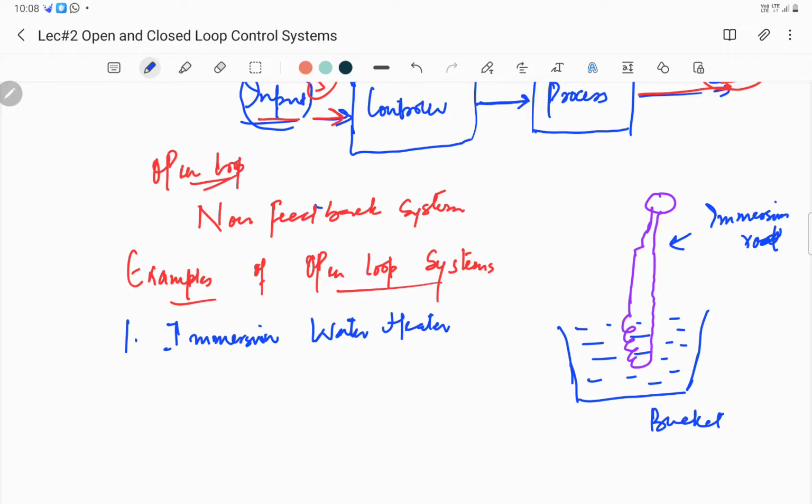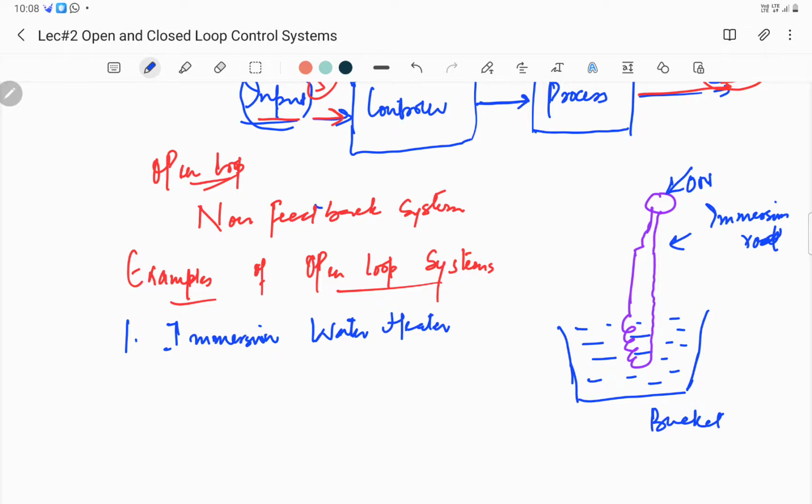When we turn on the switch of the immersion rod, the water continues to heat, and eventually it starts boiling.